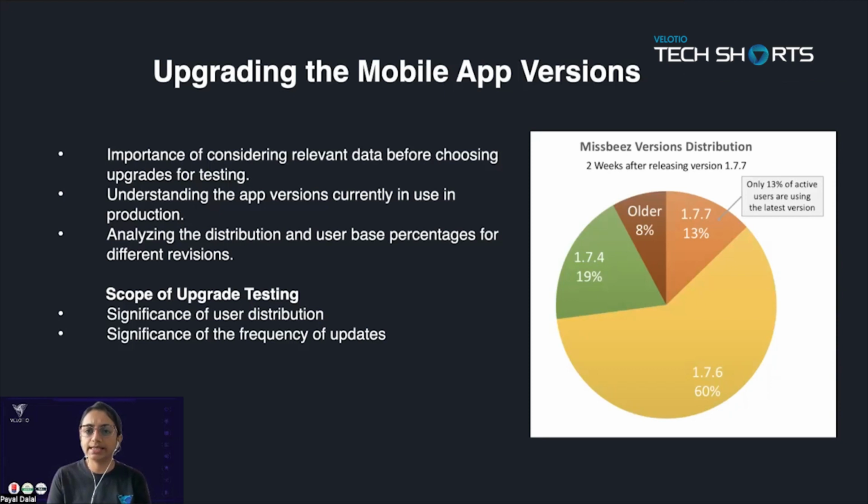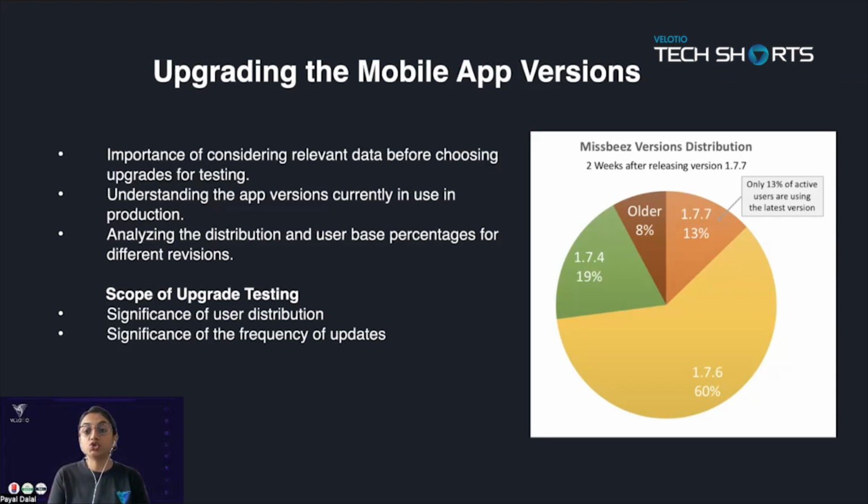So here you can see in the pie chart, this app is distributed across various versions, say version 1.7.7 and then version 1.7.6 and 1.7.4, where only 13% of active users are using the latest version.